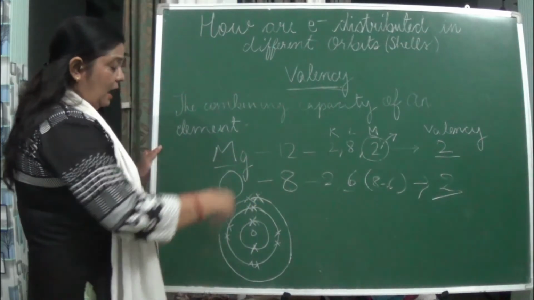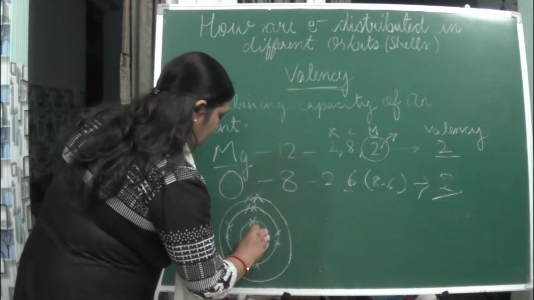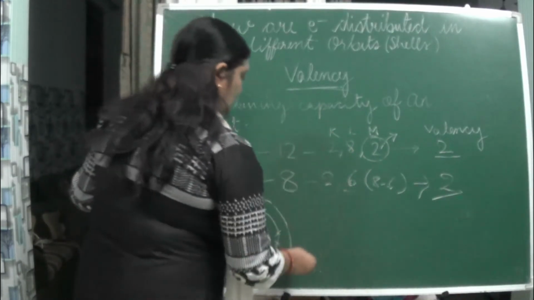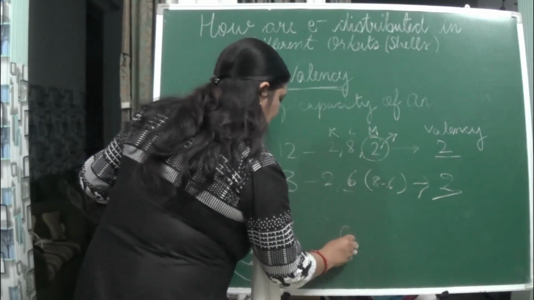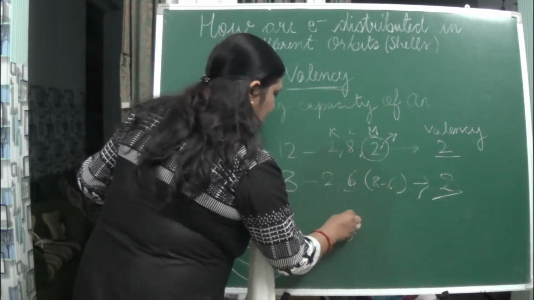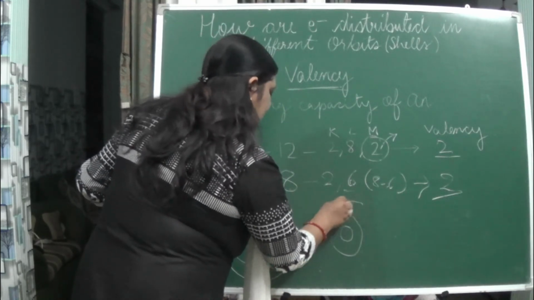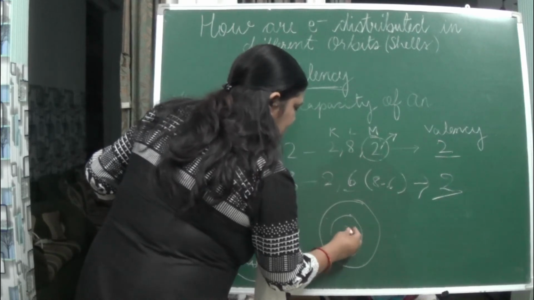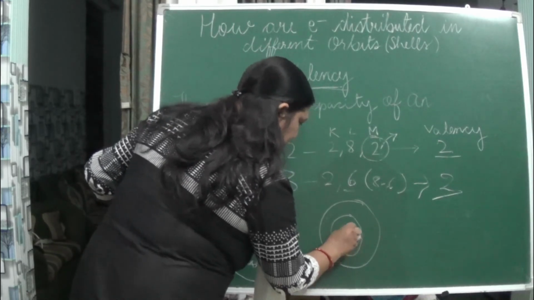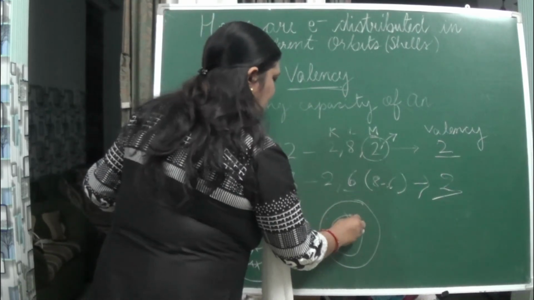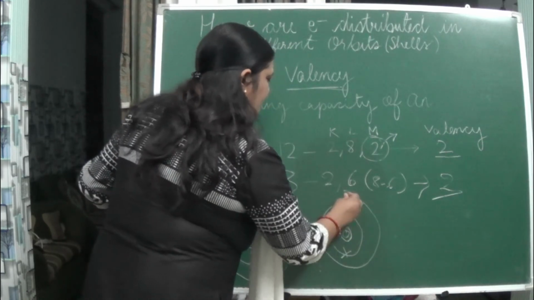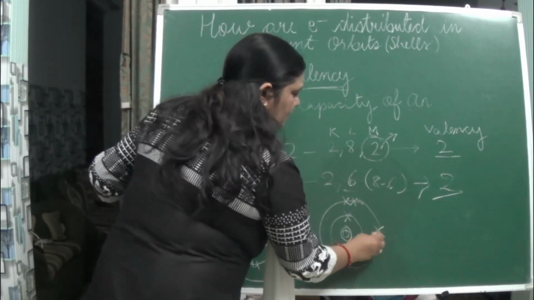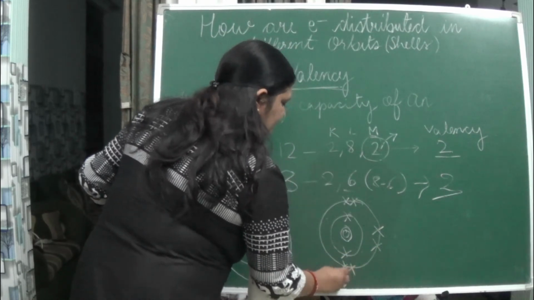Now this is magnesium, and this is the nucleus. Now let us do it for oxygen. Here is oxygen. So first shell, second shell. First it is 2 and then 6: 1, 2, 3, 4, 5, 6.